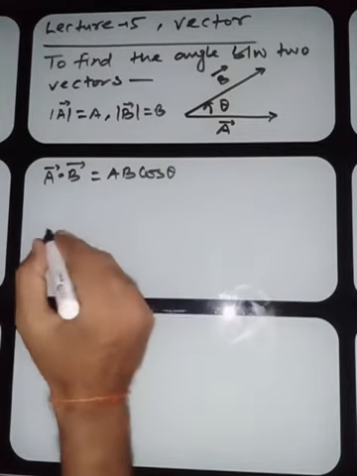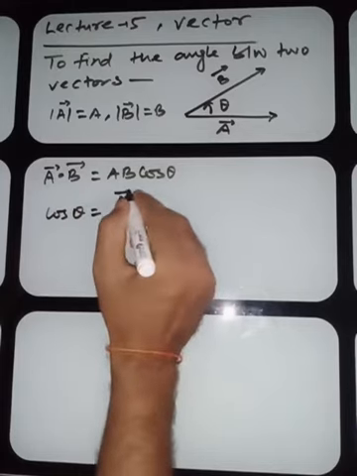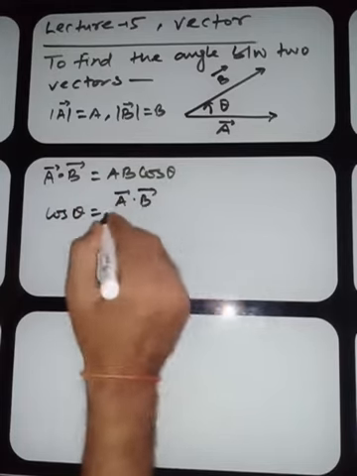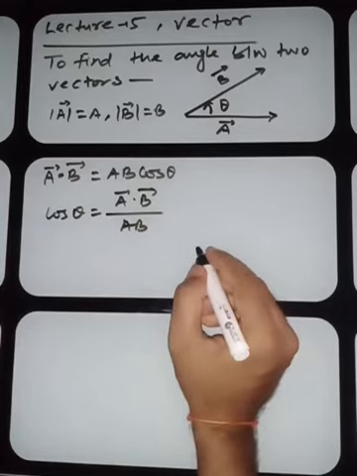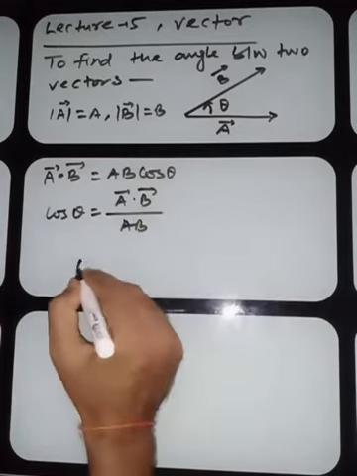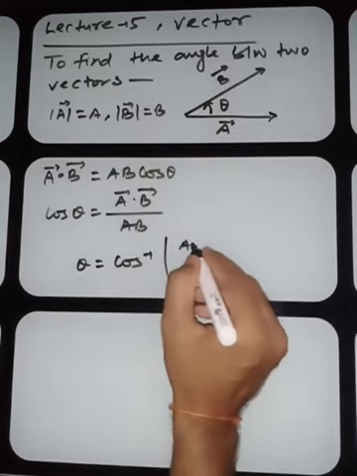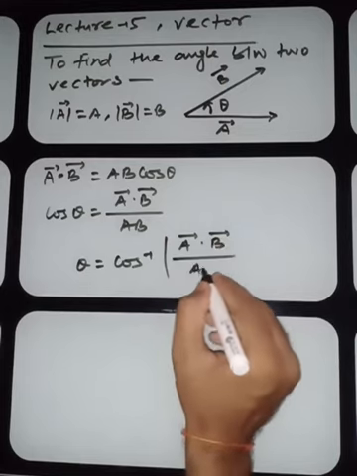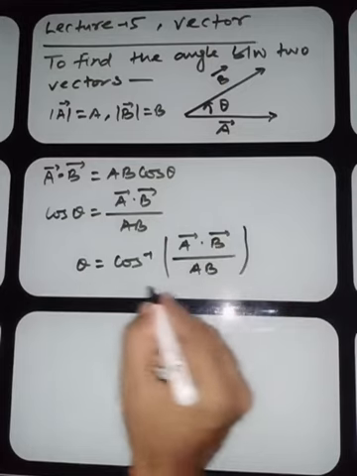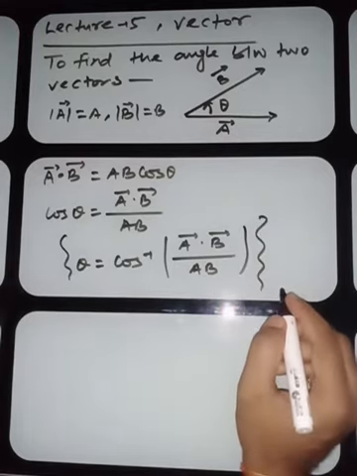So cos theta can be written as A dot B divided by AB. It's quite simple. In this way, theta is cos inverse of A dot B divided by AB, and this is the angle between the two vectors.